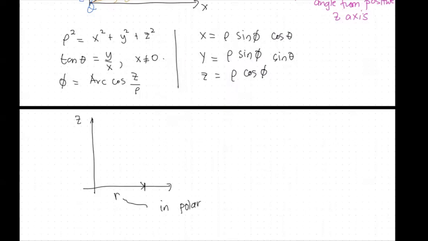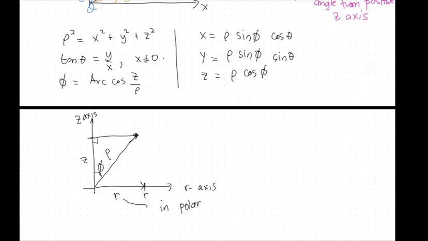With respect to the positive z-axis, you get rho, and this is your point, and of course this is your z here. You can think of this as your r-axis, and this is your phi, the zenith angle.